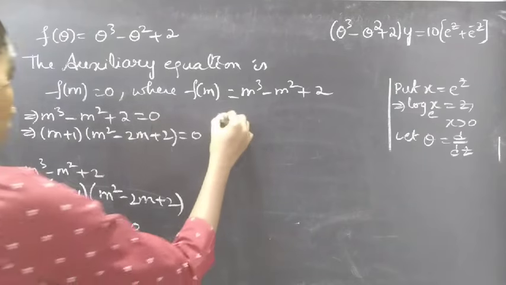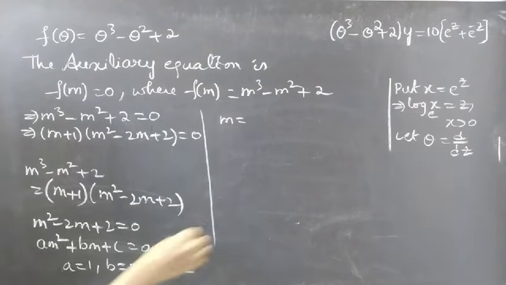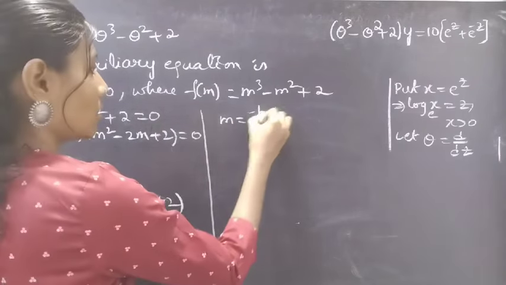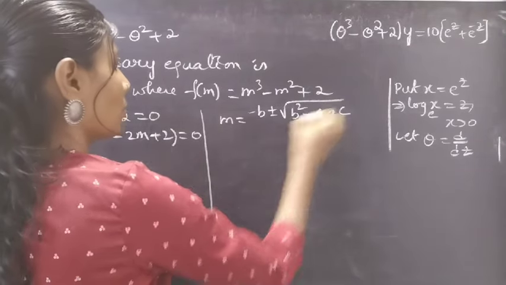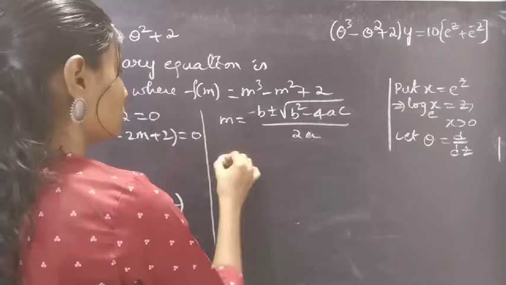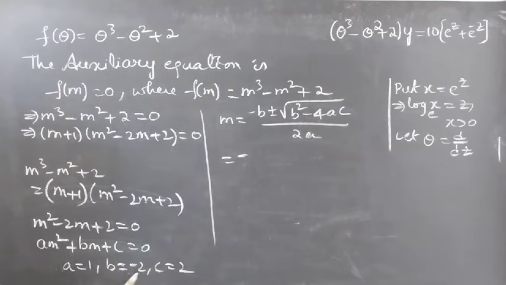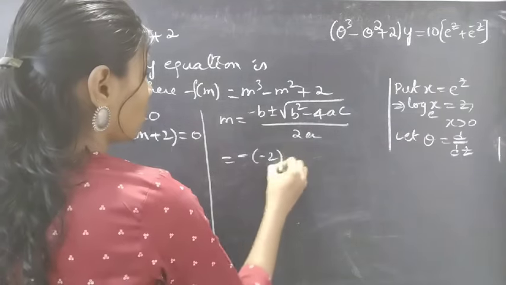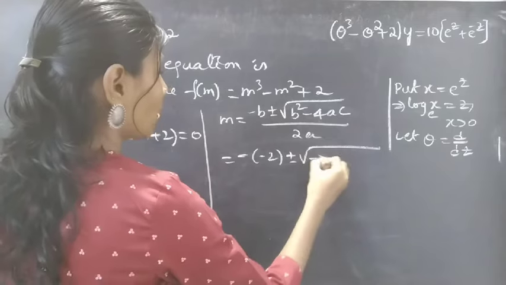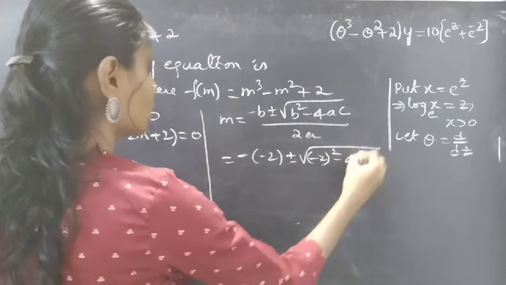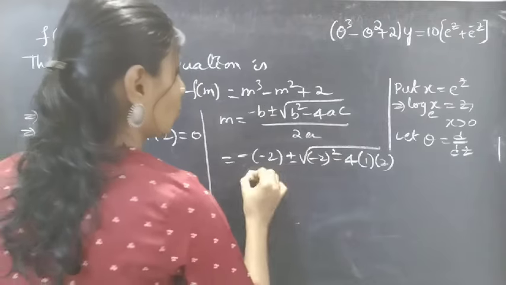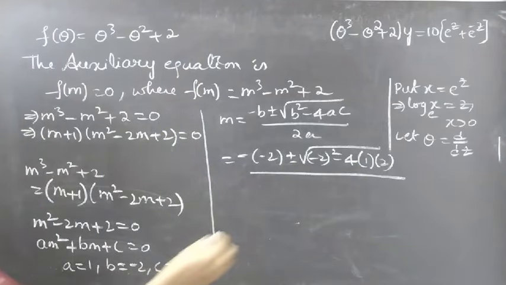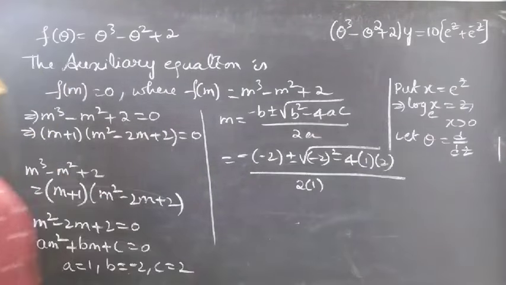Now consider the quadratic formula: m equals minus b plus or minus square root of b square minus 4ac by 2a. This is equal to minus of b, which is minus 2, plus or minus square root of minus 2 whole square minus 4 into a, 1, into c, 2, by 2 into a, 1.